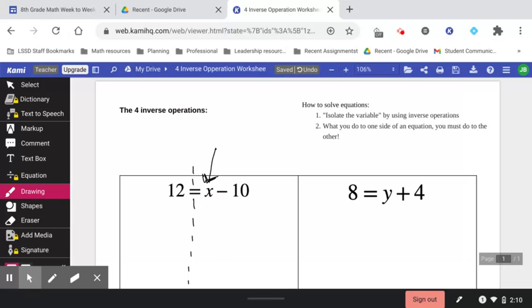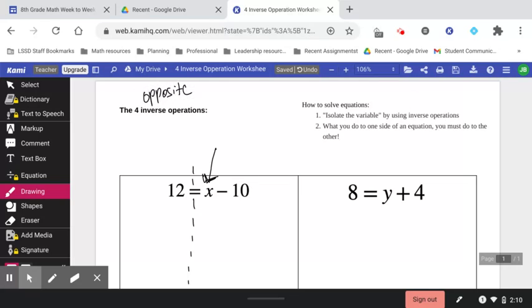We want to figure out what x is. So isolate is a fancy word for get the variable by itself. I want to get the variable by itself using what's called inverse operations, which is a fancy word for opposite.